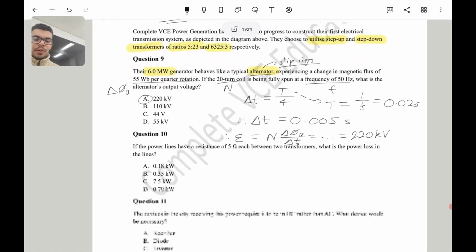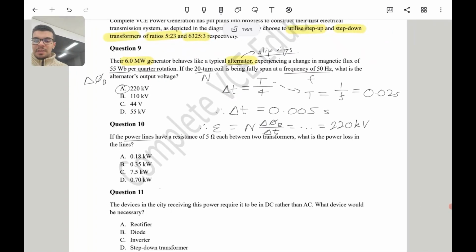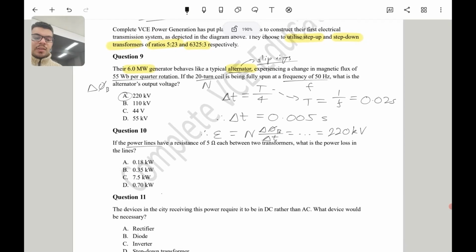All right, moving on. So let's have a look at question number 10. So in this question, we have to first of all figure out what is the voltage that our generator has outputted. So we know the voltage is 220 kilovolts, but let's convert this to volts. So we have 220 times 10 to the power 3 volts.